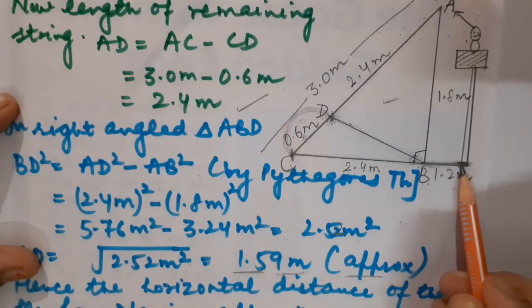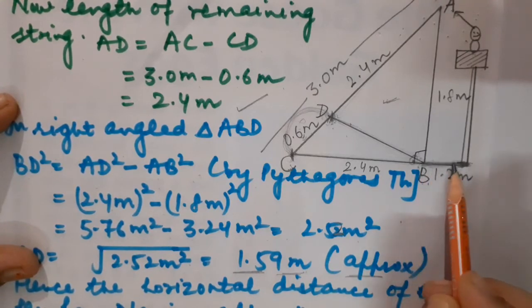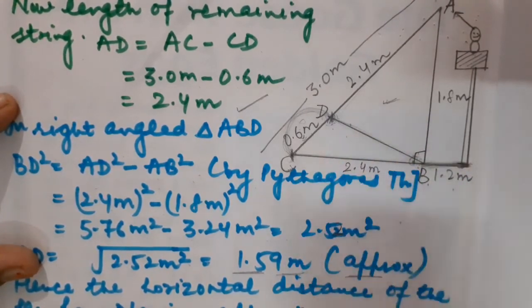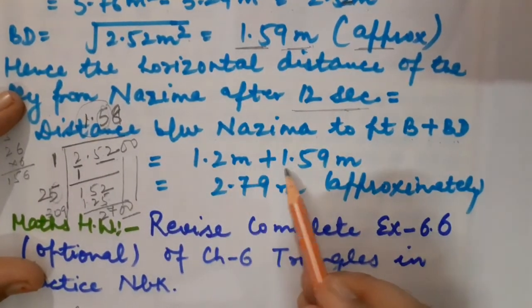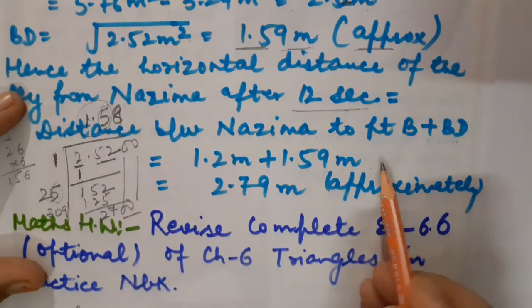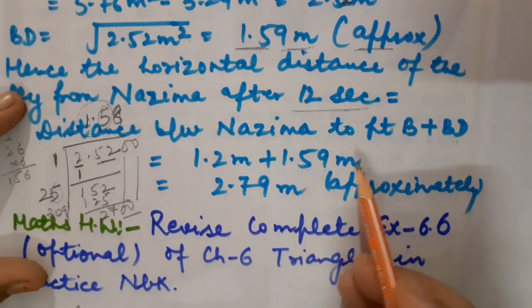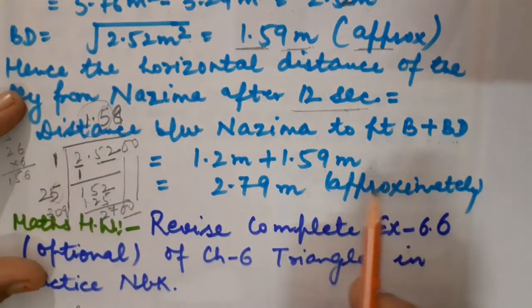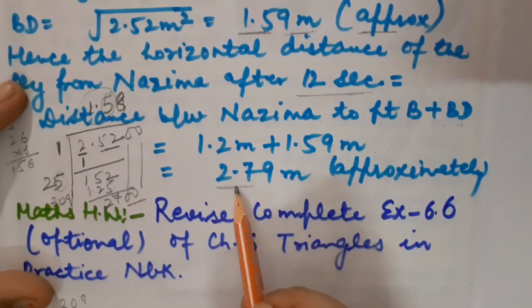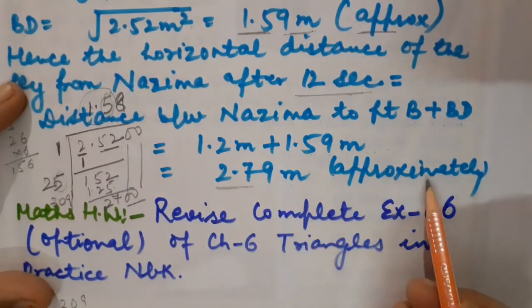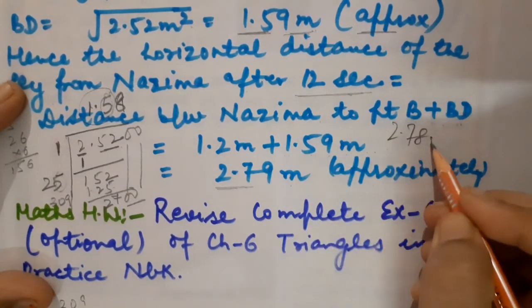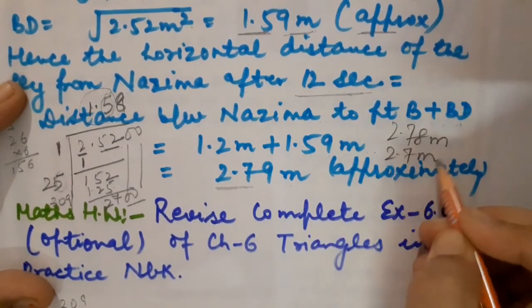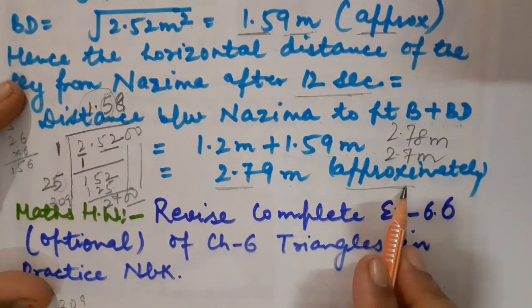Suppose if Nazima comes here, so definitely the distance will be 1.2 and plus we will be adding BD distance. So it will be 1.2 meter plus 1.59 meter you can write. You can write 1.58 also. You can write 1.5 also. So ultimately the answer will be 2.79 meters approximately. Fine. The answer can be 2.78 also. The answer can be 2.7 meter also. Approx you will have to write.